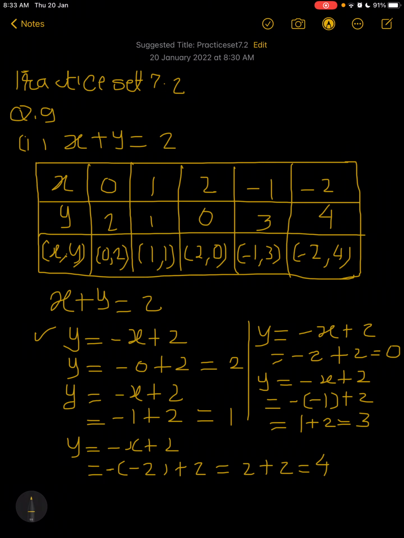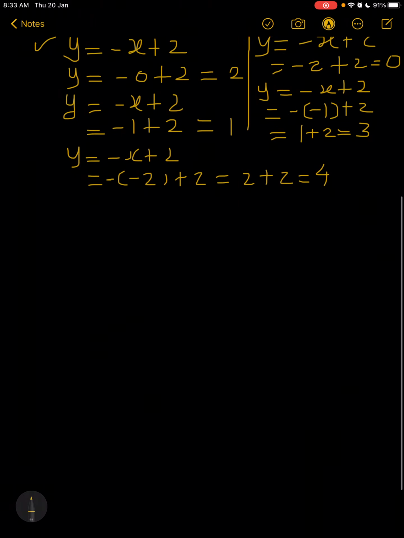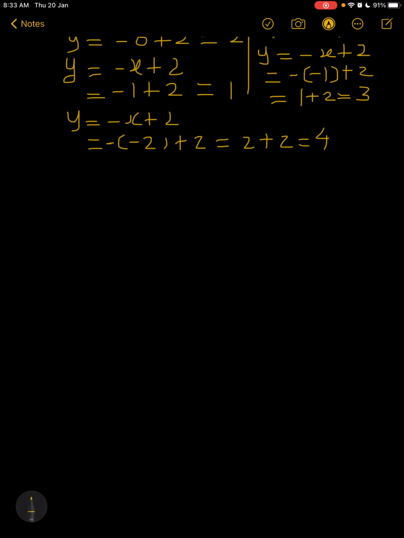Let us start table number 2 now. Of the same question, we have the second equation in the same example, 3x minus y is equal to 0. I want 5 points for the equation.